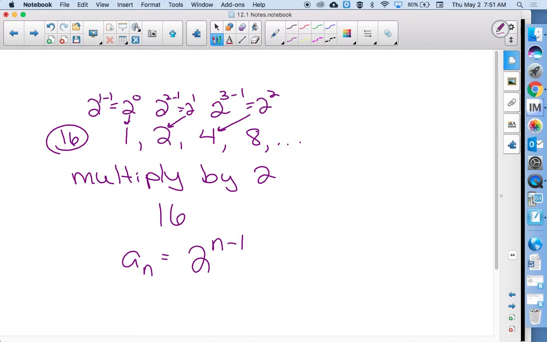So I think the next one on there was a fractional one. Number 19. Let's look at number 19. You have 2 over 3. Can't remember what the other ones were, but 6, 9, 12.